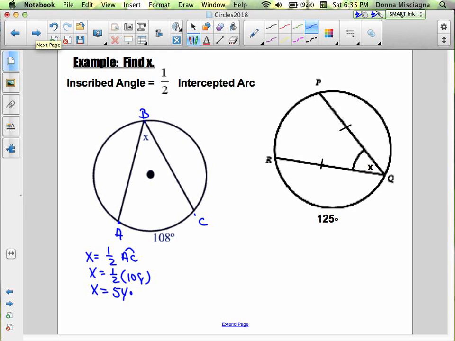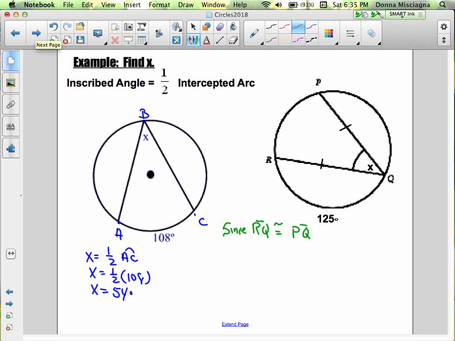Not too difficult. Now this one we have to do a little bit of work. All right, so first of all, notice that chord RQ is congruent to chord PQ. Now do include the explanation on this one, so that you learn how to justify an answer, because this one will require it.